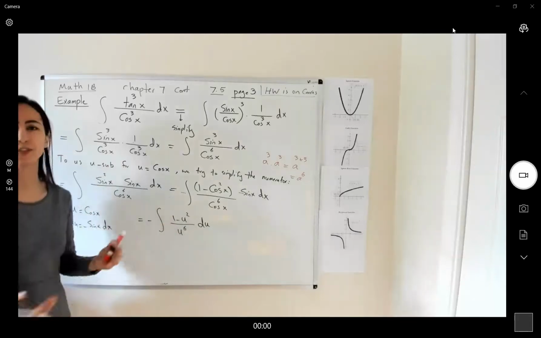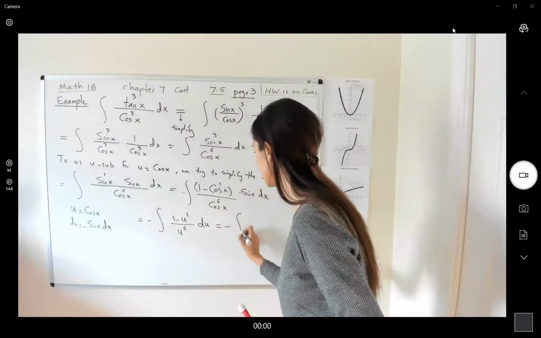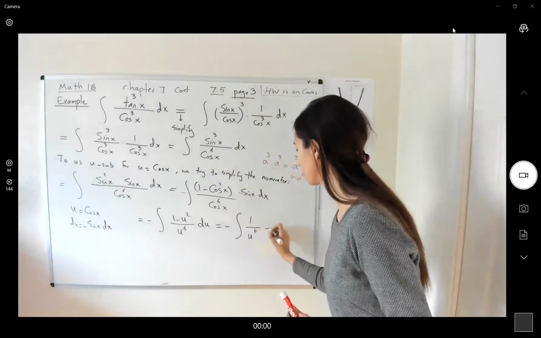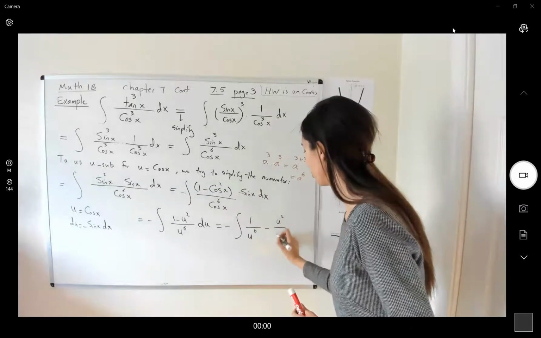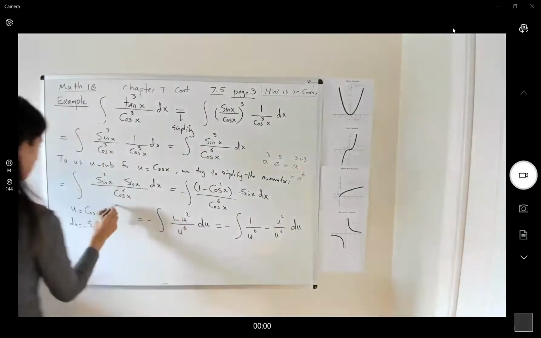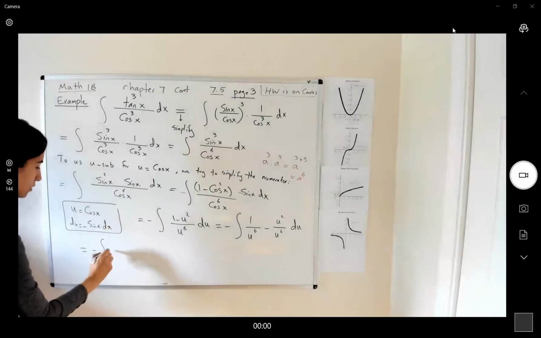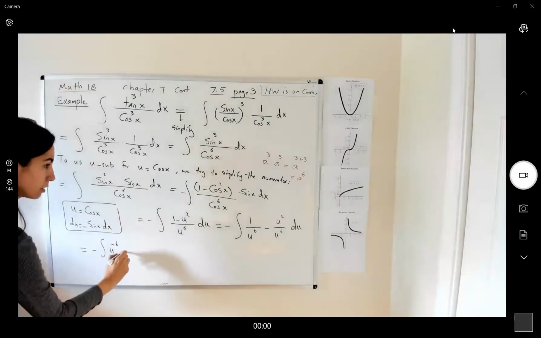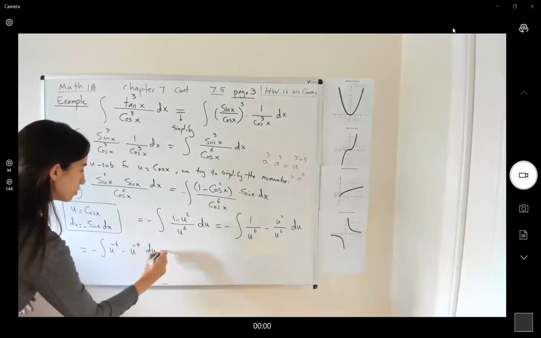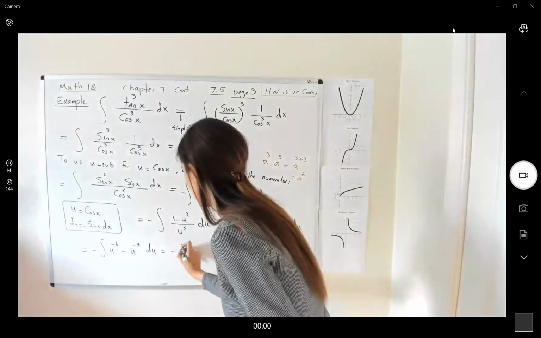This integral is super easy to handle. This is minus the integral 1 over u to the 6th minus u squared over u to the 6th du, which is equal to minus integral u to minus 6 minus u to negative 4 du, which is equal to, let's put the negative sign out here.